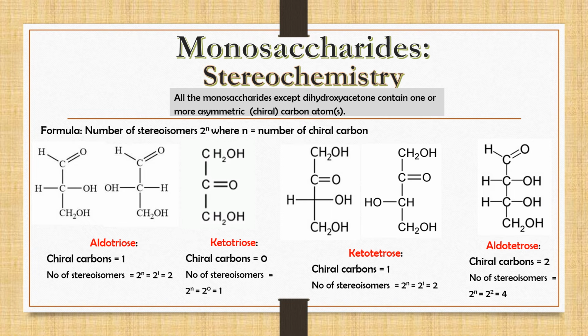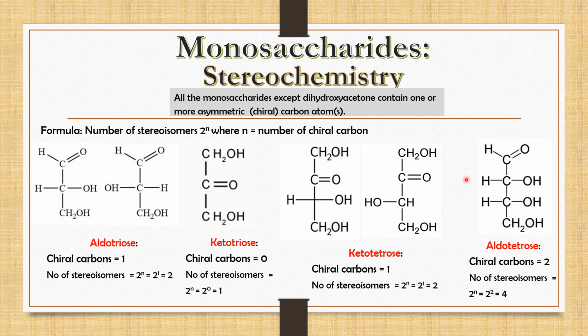All monosaccharides except dihydroxyacetone contain one or more asymmetric or chiral carbon atoms. And this brings us to the study of stereochemistry in carbohydrates.